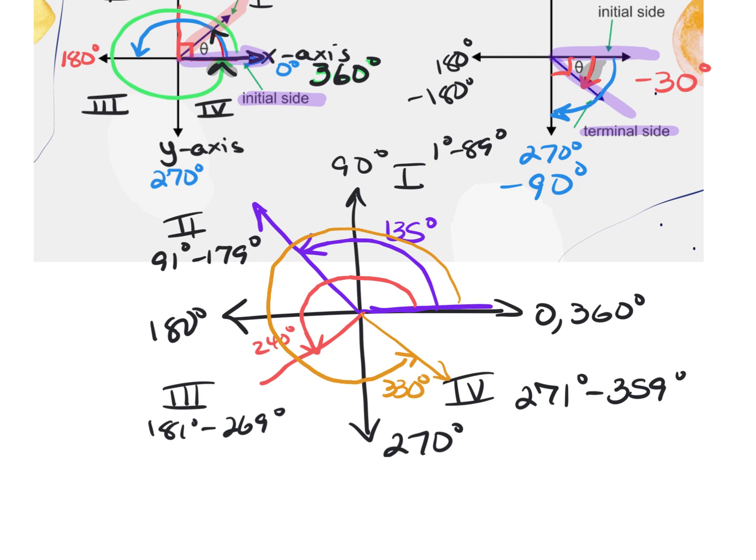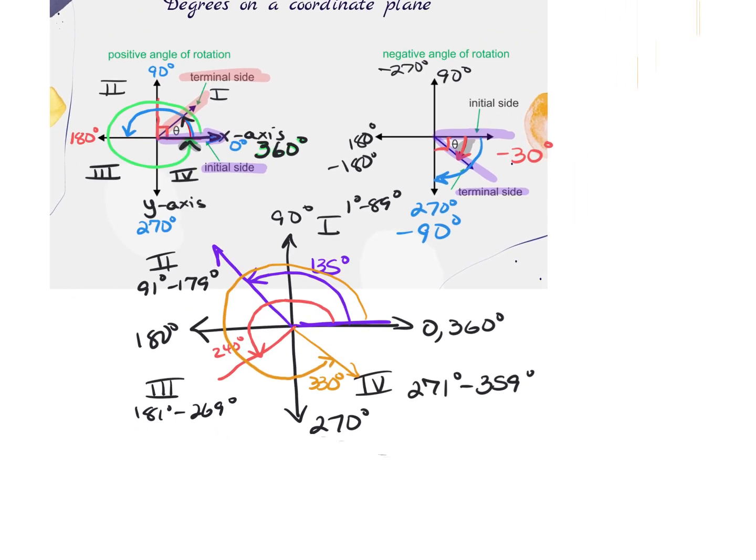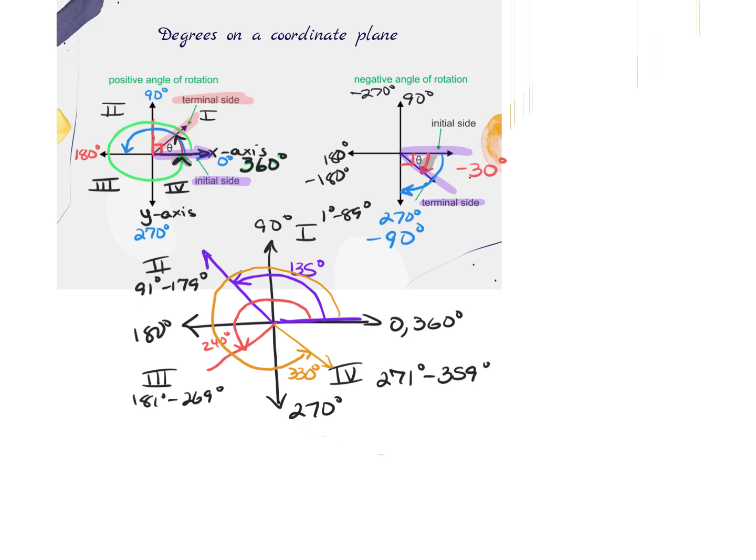Now, let's say I wanted to graph a 720-degree angle. So what I would do, let me make my X and Y axis. So let's say I want to graph 720. 720, if you think about it, it's 360 plus 360.